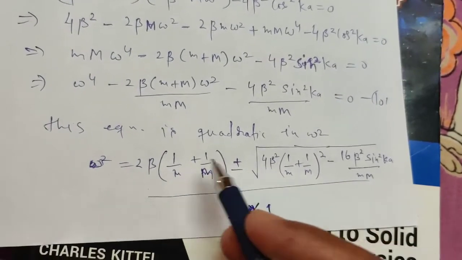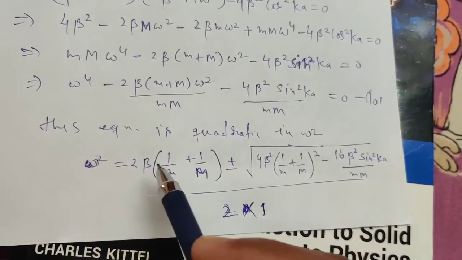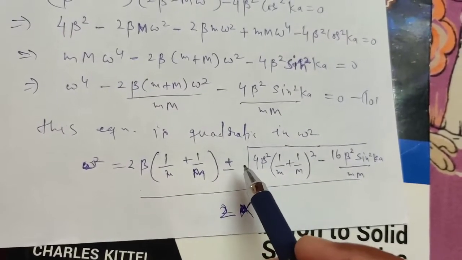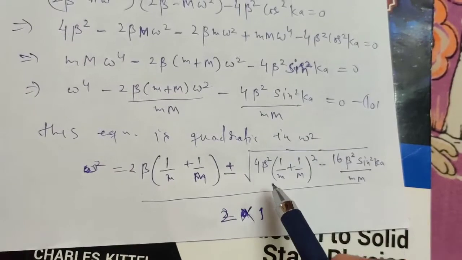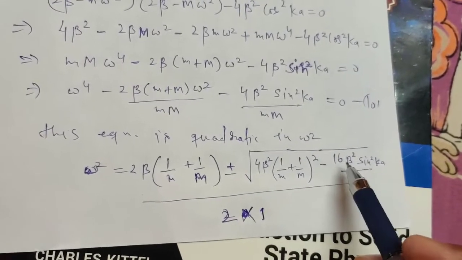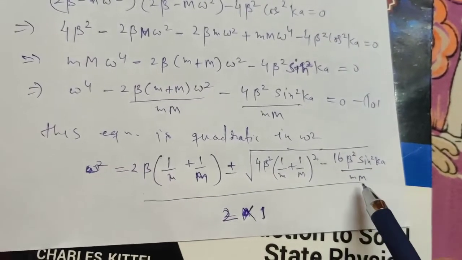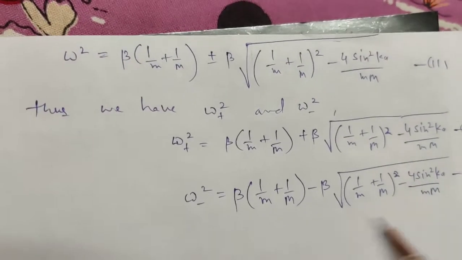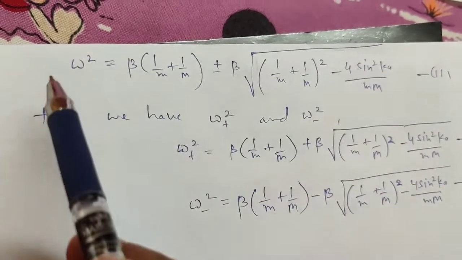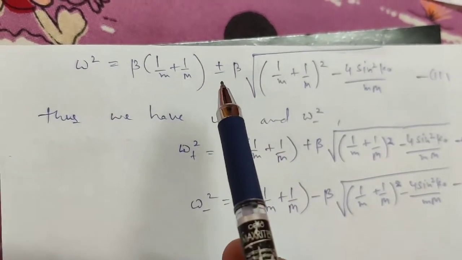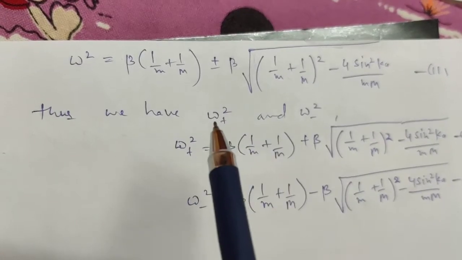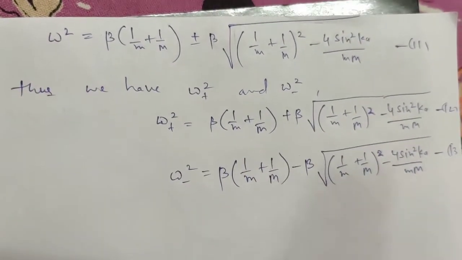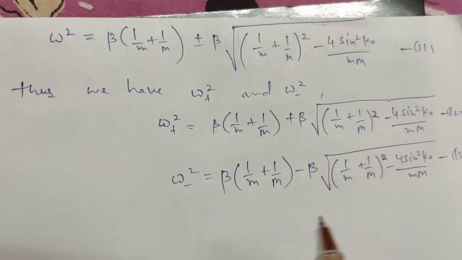Taking 2 common, there will be beta times this factor, the whole square of this minus 4 sin square k, divided by 2. So by solving this root for omega square, we have plus minus, so we have two values for omega square, omega square plus and omega square minus. These are given by equations number 12 and 13.